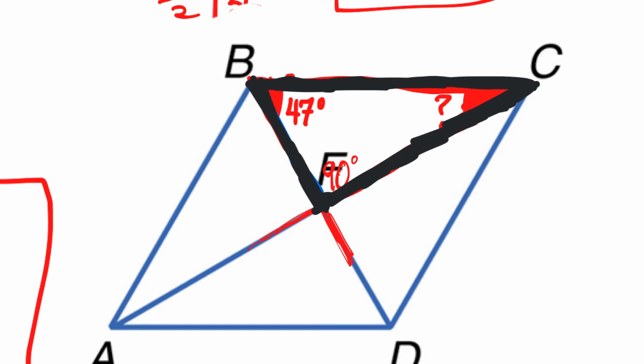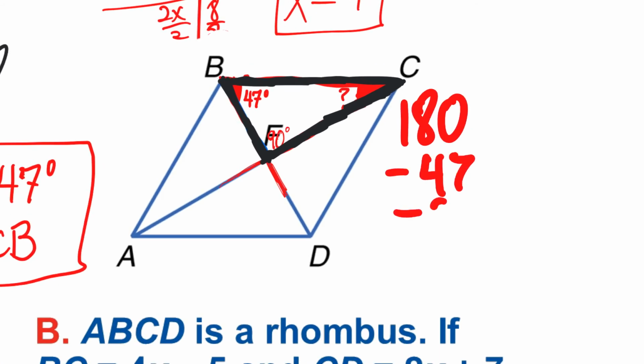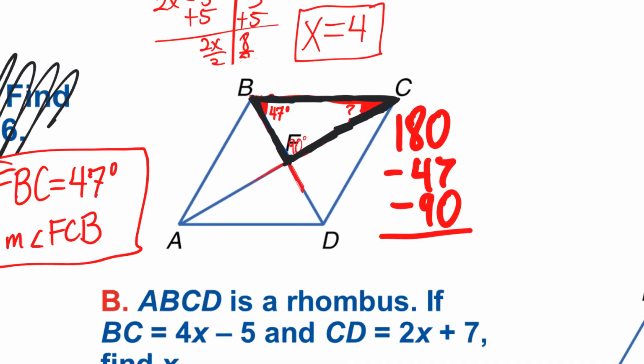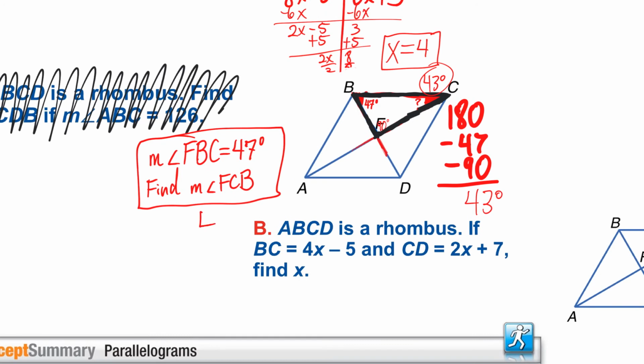So I know that this angle right here is 90, and I know that this angle is 47. How am I going to find this one over here? I'm just going to do 180 minus 47 minus 90. How big is that angle going to be? It's going to be 43 degrees. That's right. So that answers the question I wanted to do right there.